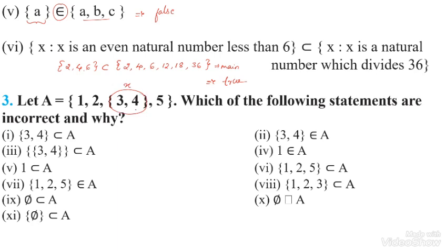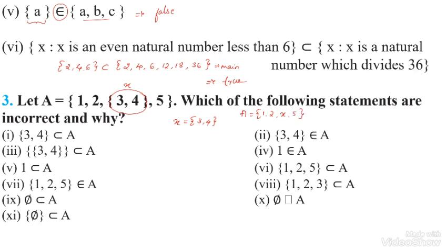So, for that purpose, I choose X as a set containing the elements 3, 4. Here I can take it as one element. In place of the elements 3, 4, I can take simply X. Now, the set becomes A equals {1, 2, X, 5}.